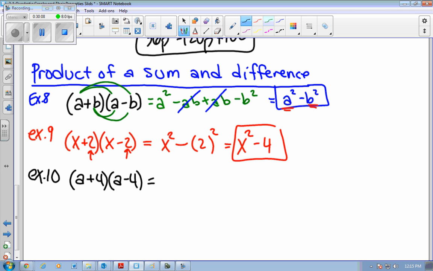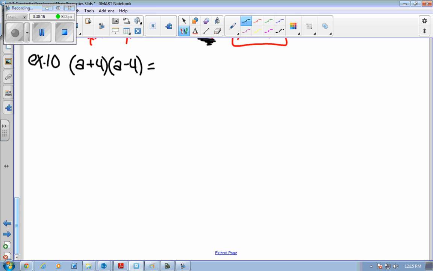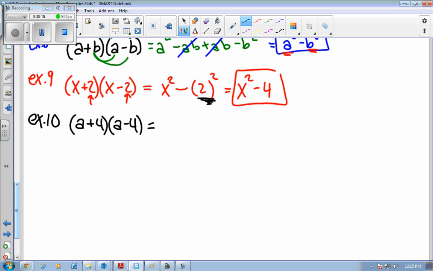Between them will always be minus, because no matter what we're squaring, the square will always come out positive, so we subtract it, so we get minus. Okay, Kira, what's the first guy? A. So we'll square that, right? Minus, Kira, what's the second guy? 4. And we square that.